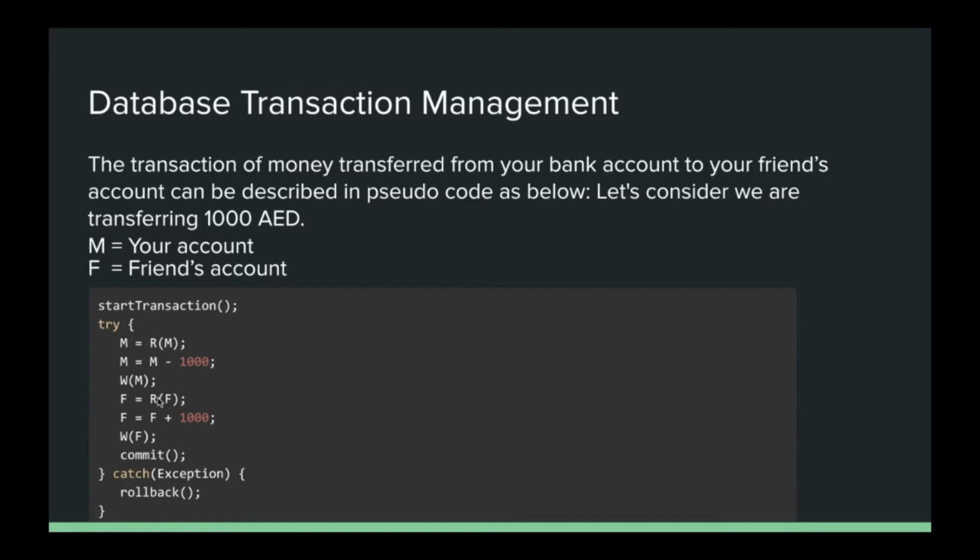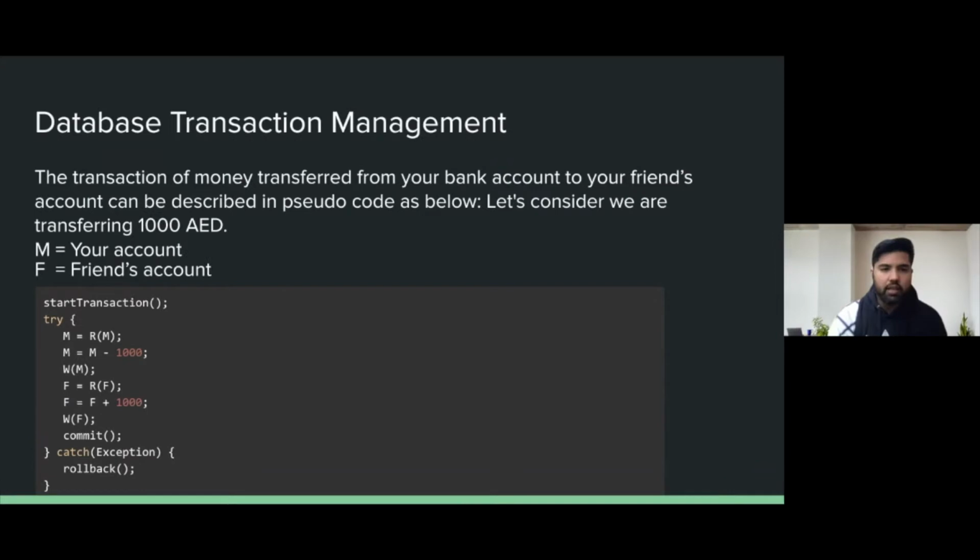Or, for example, when you acquire a lock while writing on a certain row, there is a lock that happens if another transaction is also happening. How can it happen? I have given my ATM card to my brother and asked him to go and take the money from it. While he is at the ATM, I have also opened my internet banking and tried to transfer money.